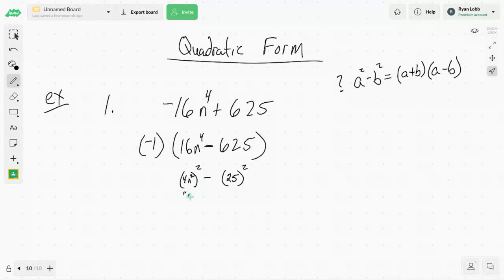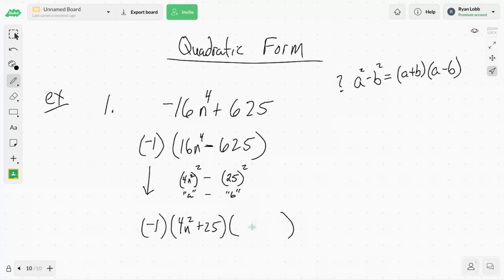Okay. So now what does 16n to the fourth minus 625 factor into? Well, here I have a squared minus b squared. And we know that a squared minus b squared is going to factor into a plus b times a minus b. Don't forget to bring that negative 1 along. So I got negative 1 times what? Well, I have 4n squared plus 25.